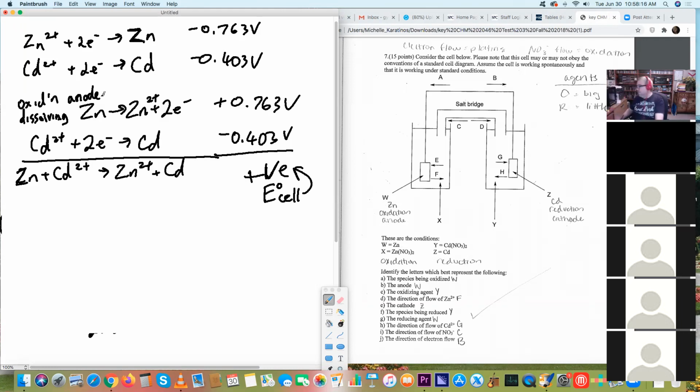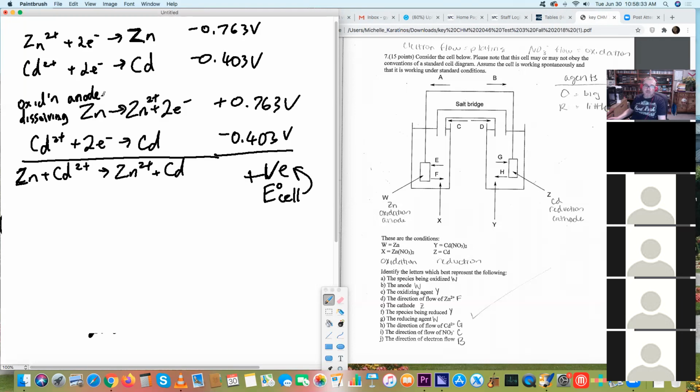Let's talk about the dissolving part first. If I've got zinc solid and it's turning into zinc 2+, that means the solid is disintegrating. So it's dissolving. I think that's handy to know. That can help with a couple of these questions.